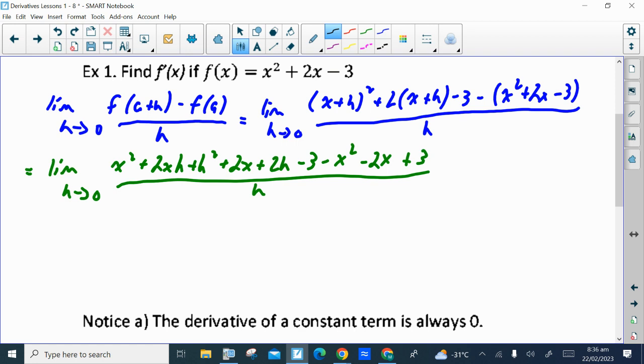And we've got some terms that are going to cancel here. The positive x squared minus x squared cancels. The positive 2x minus 2x cancels. The minus 3 plus 3 cancels. So we're just left with 3 terms on top, and they all involve the variable h.